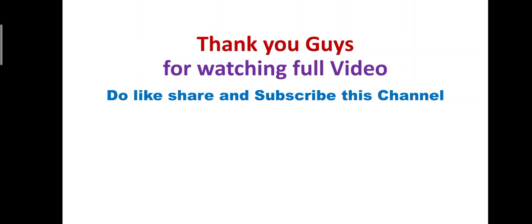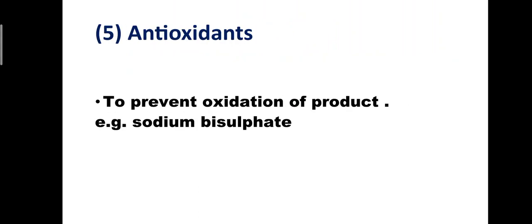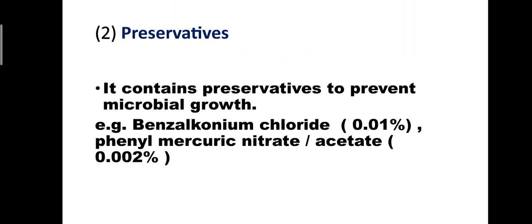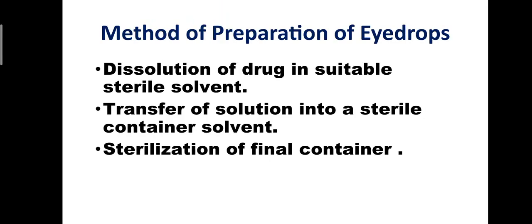Thank you guys. Let's see once again what topics we covered in today's video. Eye lotions, definition of eye lotions and some study about eye lotions, and detailed study about eye drops. These are the additives used in eye drops. There are 6 types of additives: vehicles, preservatives, buffering agents, thickening agents, antioxidants, and tonicity contributor.